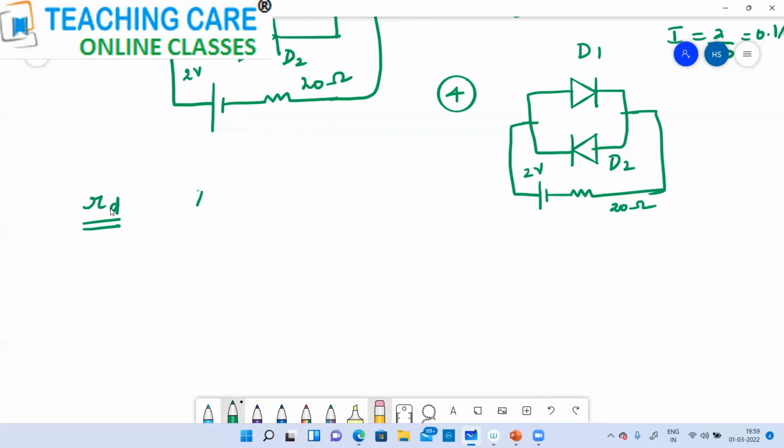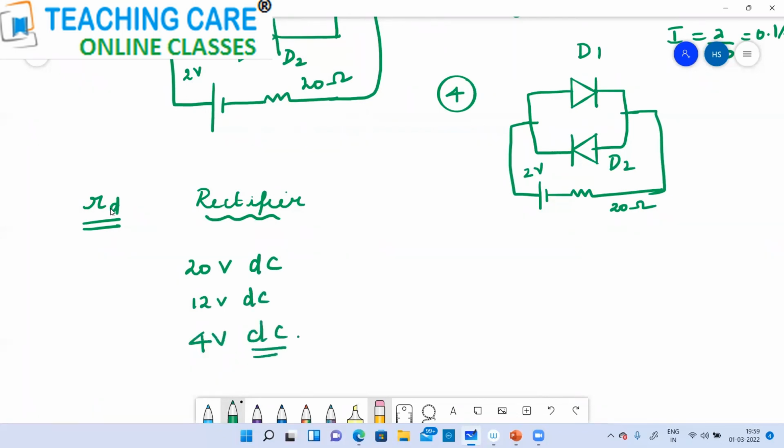What is a rectifier? Have you seen in the mobile charger or in your laptop charger, somewhat it will be 20 volt DC, 12 volt DC, 4 volt DC. What is this? We have to charge this at 20 volt. That too, in our house, it is AC supply.